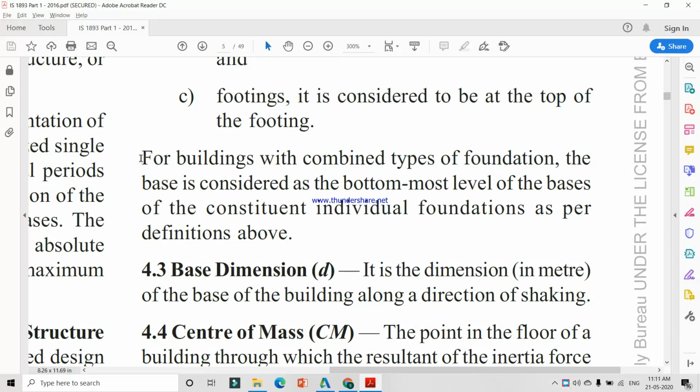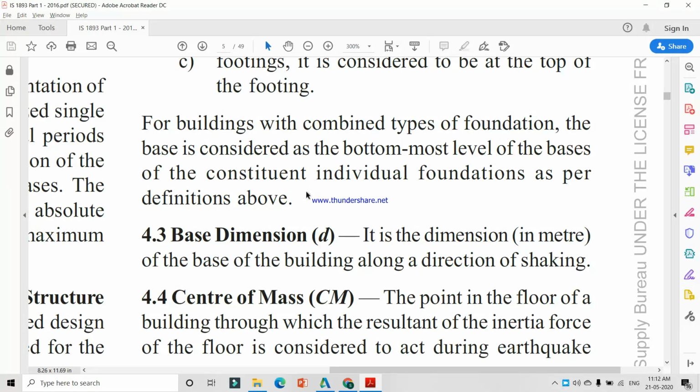If you are doing more than two types of footing, the base is considered as the bottommost level of the base of the consecutive individual foundations. That means if you are doing two different foundations, the bottom level of the foundation will be selected as the base.